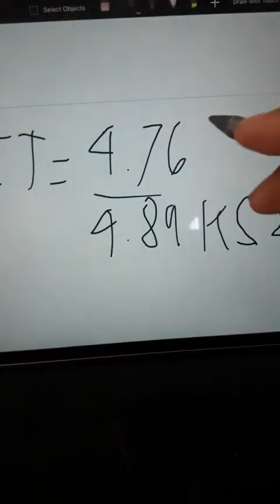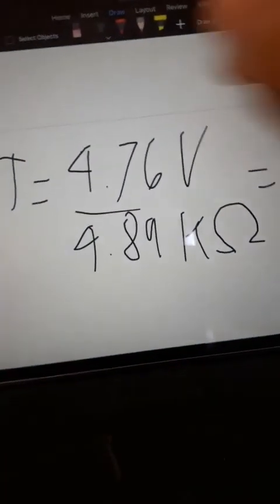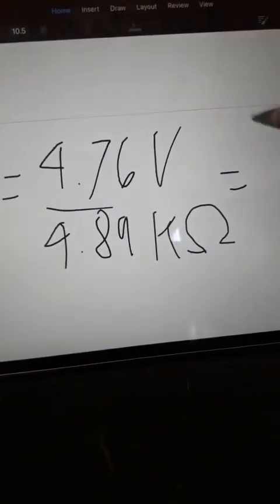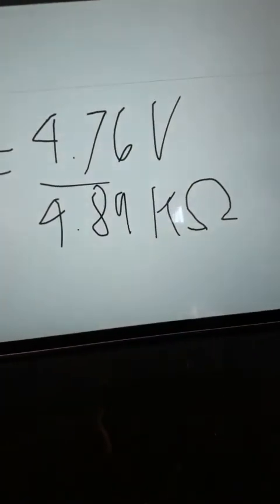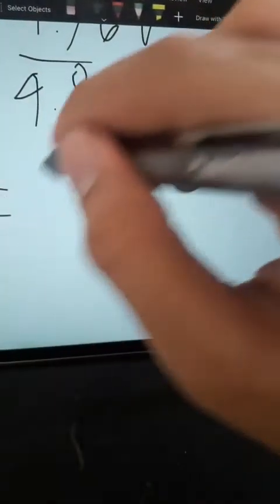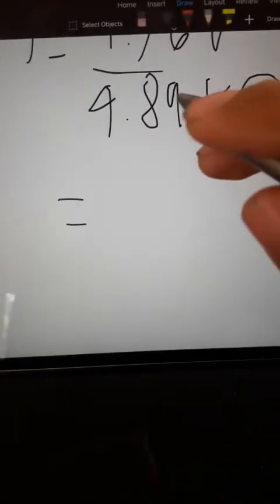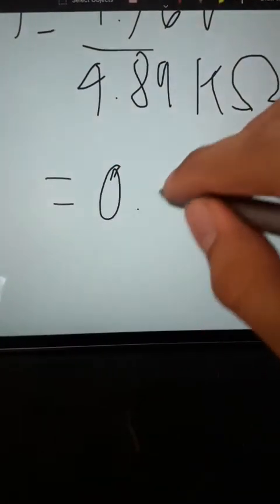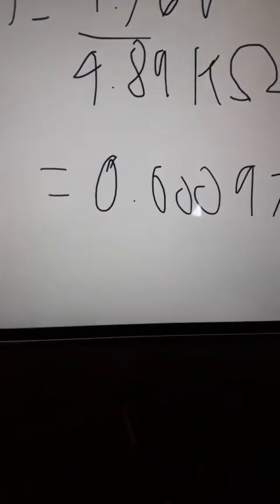So 4.76 volts over 4.89 kilo-ohms is equal to 0.000973.